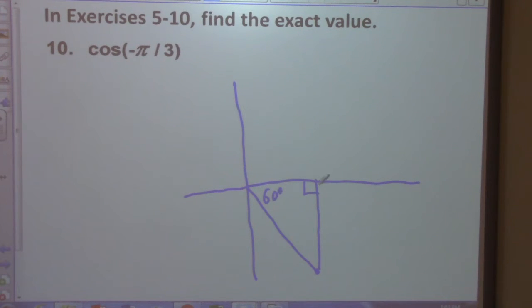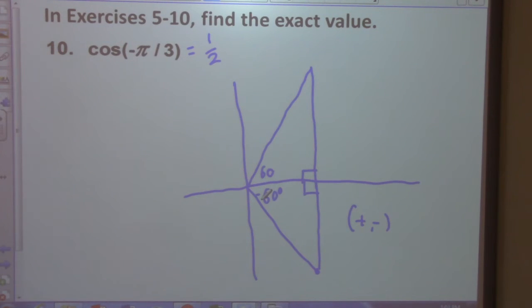So Will is right. And in the unit circle, first quadrant is up here. That's 60 degrees. So what is this one going to be over here? It's just 1/2, because this is quadrant 4. And 1/2. Yeah, so that's right.